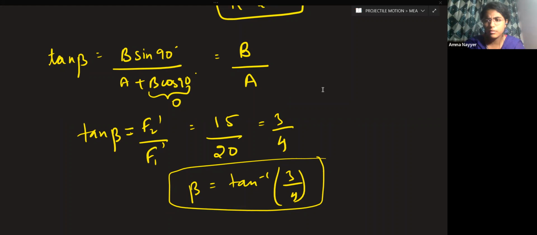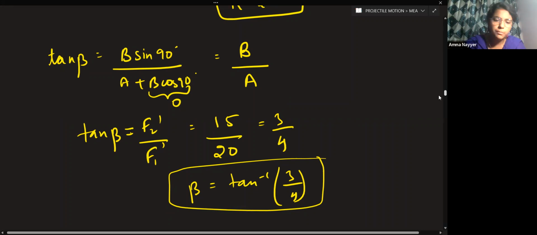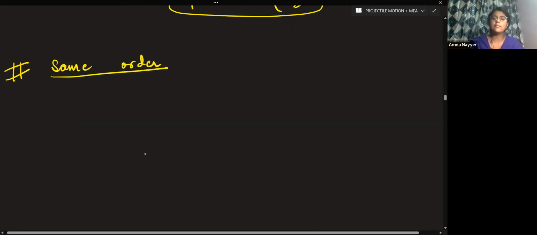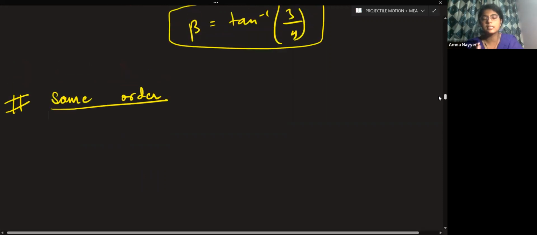I think all of you have written it. Before we begin the triangle law, just one thing you have to understand and remember whenever we are doing any law: what is meant by same order and what is meant by opposite order of vectors. Same order means the head of one vector is coinciding with the tail of another.